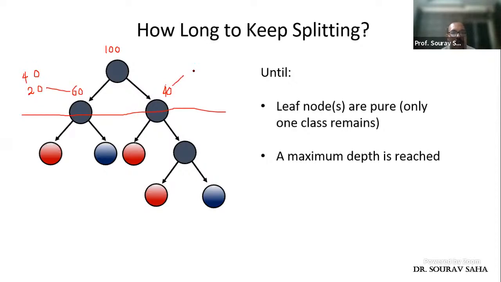Same is true for this 40. In the 40, I probably have 30 belonging to class B and 10 belonging to class A. In that particular case, I'll probably take the mode, the one which has the maximum count. In this particular case, right? The class where the number is 40, I'll take that particular class.